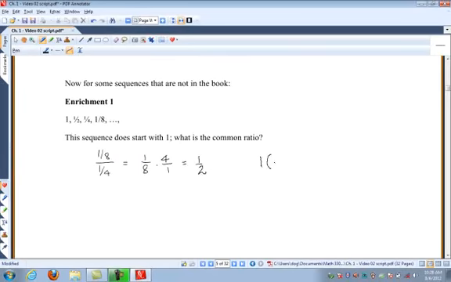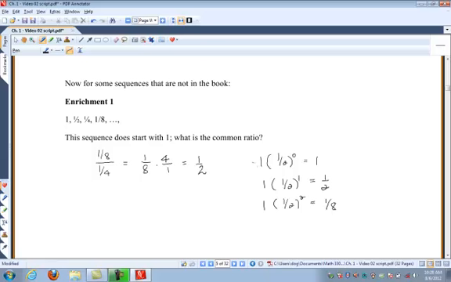So this is 1 times 1/2 to the 0 equals 1, and then it's 1 times 1/2 to the 1, which is 1/2, and then it's 1 times 1/2 squared, which is 1/4.